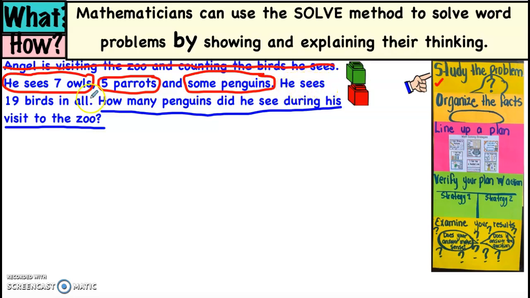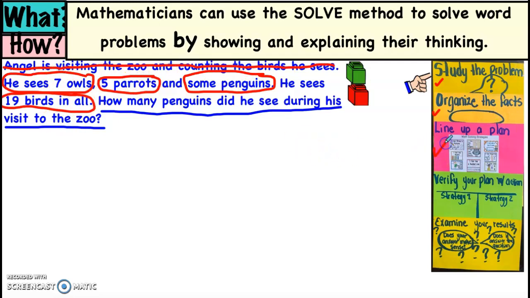Then it says that he sees 19 birds in all. Do you think that's important? Is that necessary to solve the problem? Definitely. So let's circle them. So did you see, mathematicians, how I studied the problem by underlining the question? I organized my facts by circling all important information.